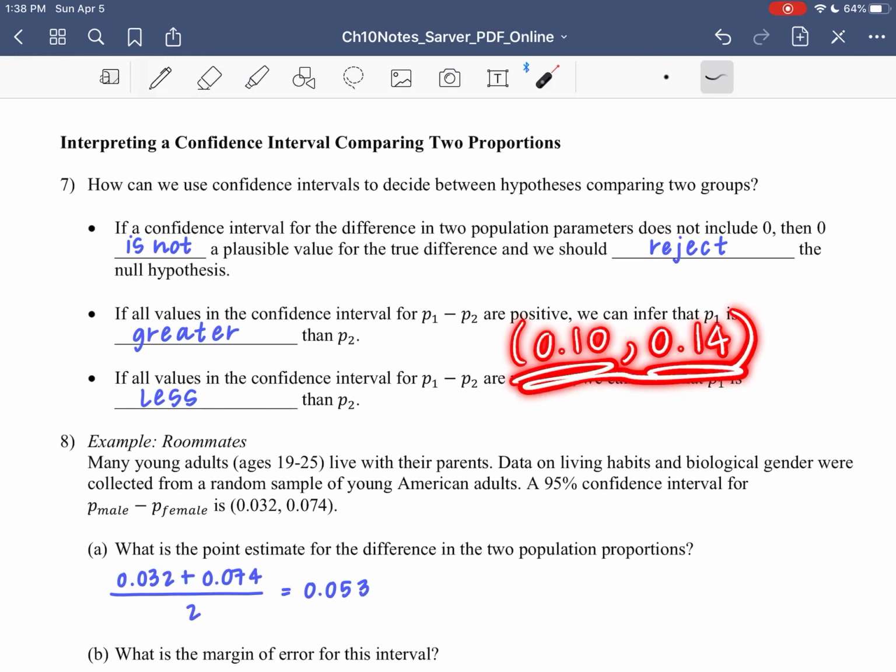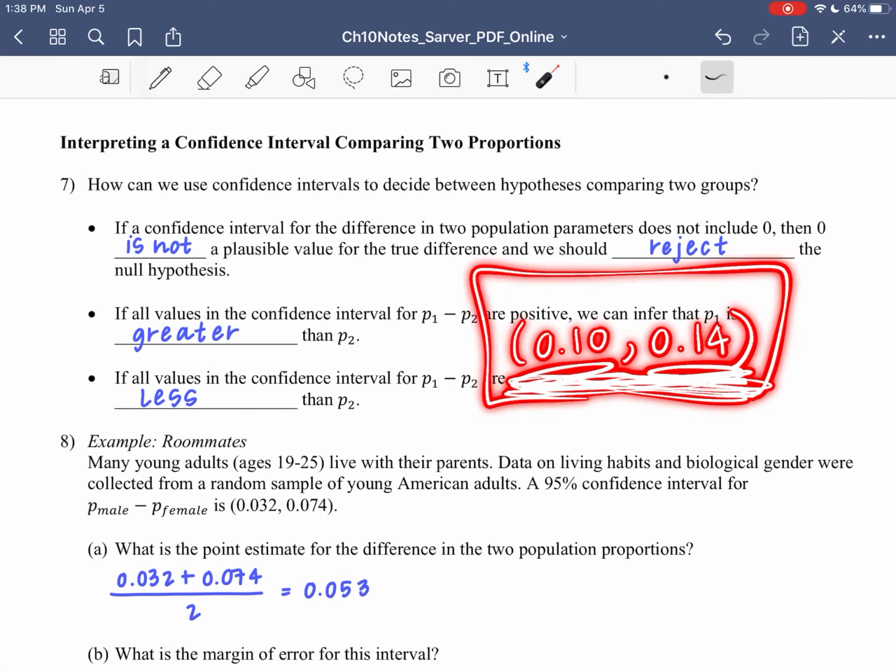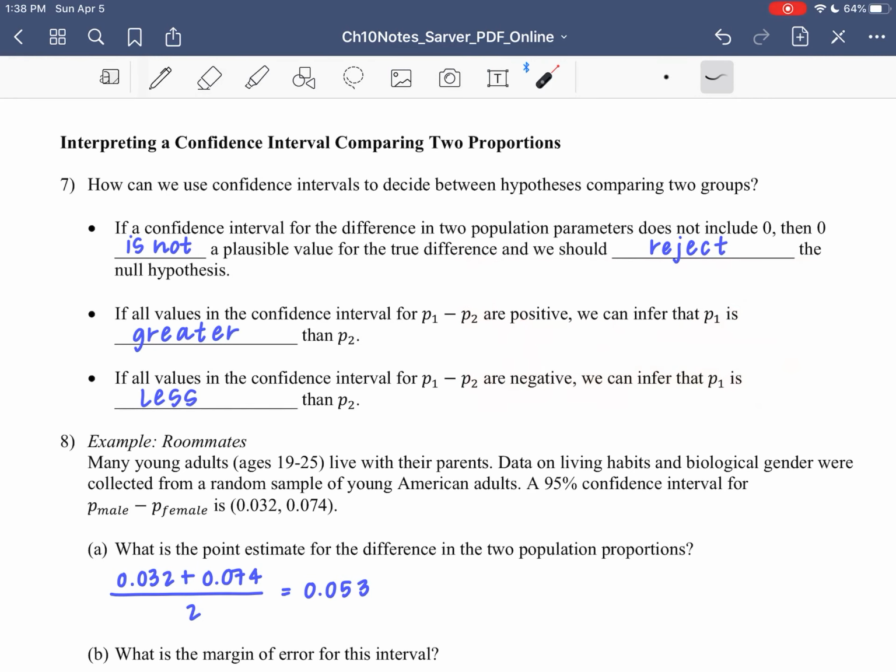Remember, these are differences that we're looking at. So we're 95% confident that the true difference is between these two numbers. Both of these are positive, so we can make the inference that P1 is greater than P2. If all of those numbers are negative, then the opposite: we can say that P1 is less than P2.